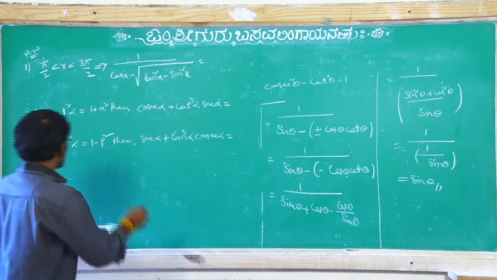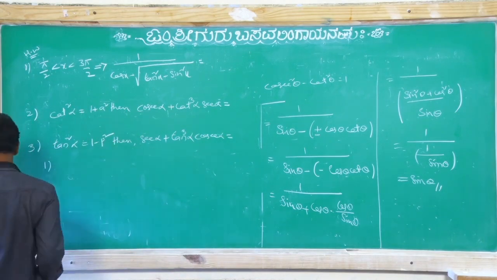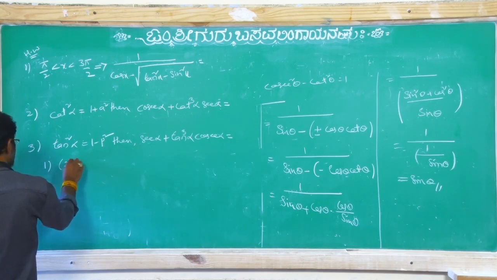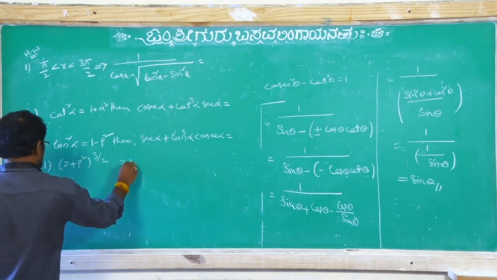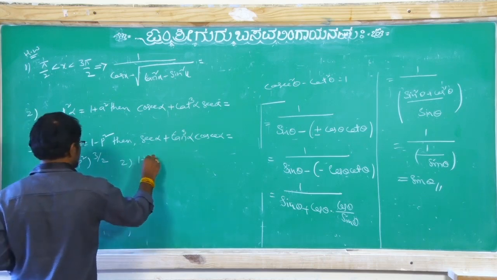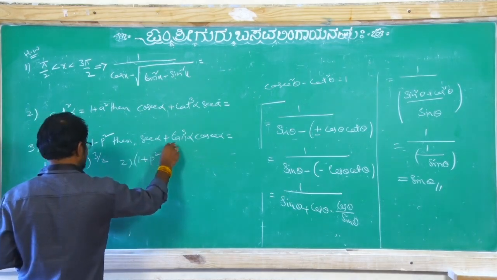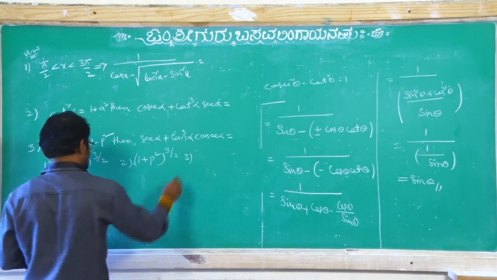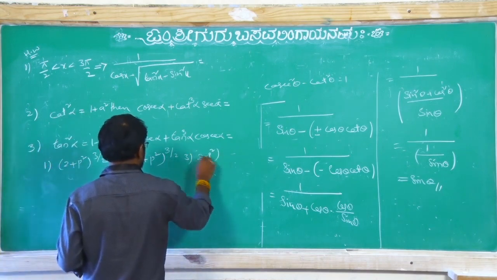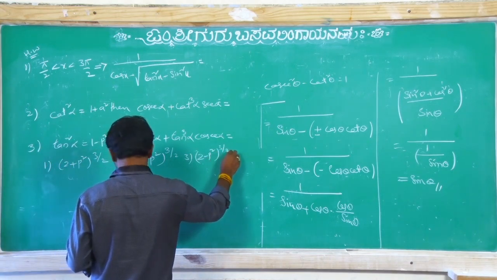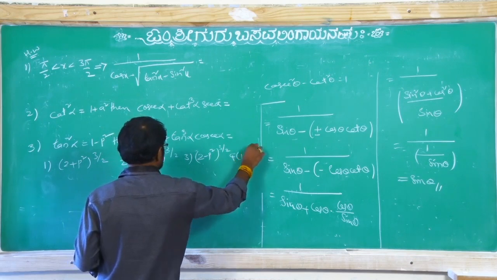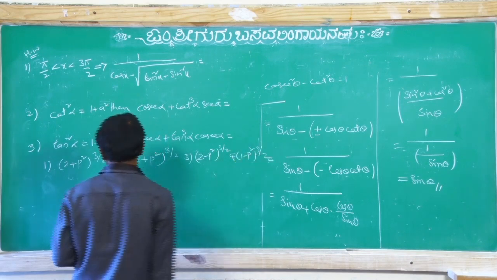So for this problem I will give the options also. So 2 plus p square whole to the power of 3 by 2, 1 plus, because in terms of p asking problem, and third one is 2 minus p square whole to the power of 3 by 2, fourth one 1 minus p square whole to the power of 3 by 2.